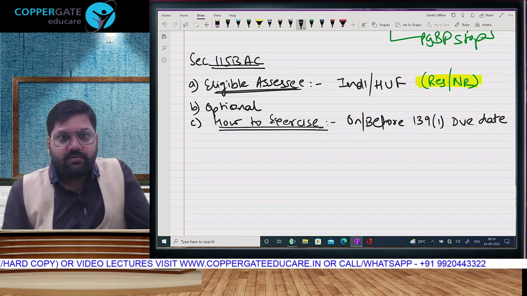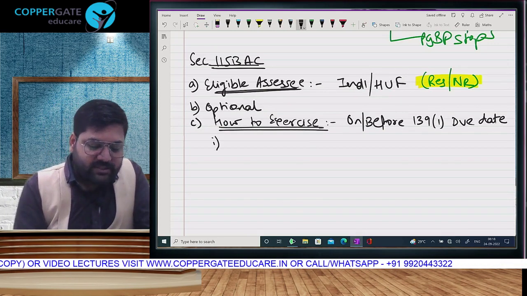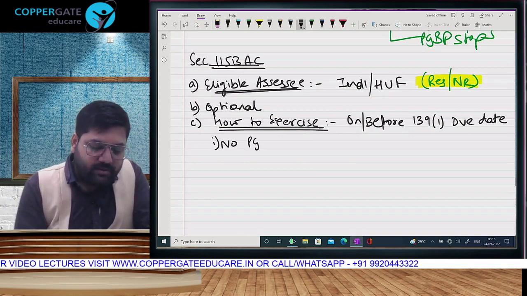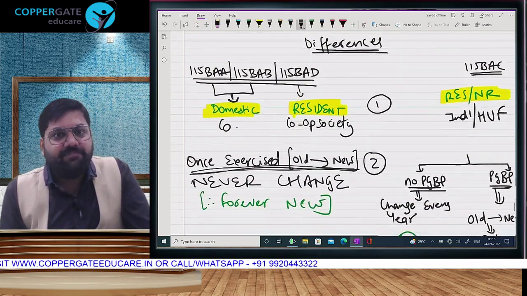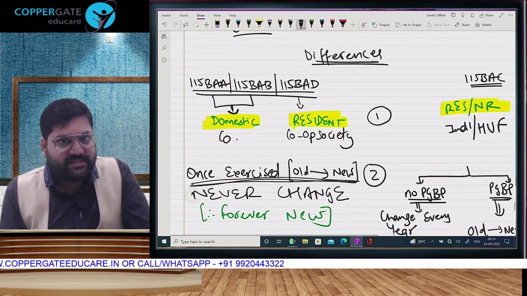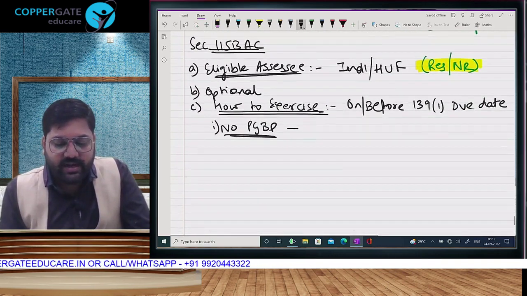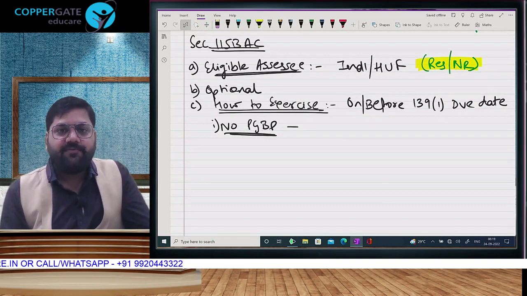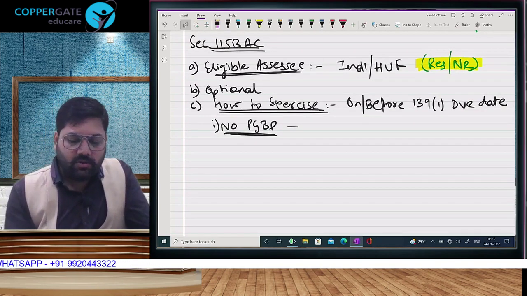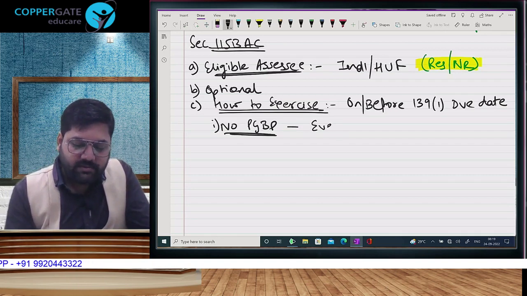Due date of return. If you are a person who does not have PGBP, then what is the rule? Come on, this is now a revision. We have studied the comparative analysis of the new taxation regime sections, and all these points are already covered in that discussion. If a person does not have PGBP, the option can be changed every year.